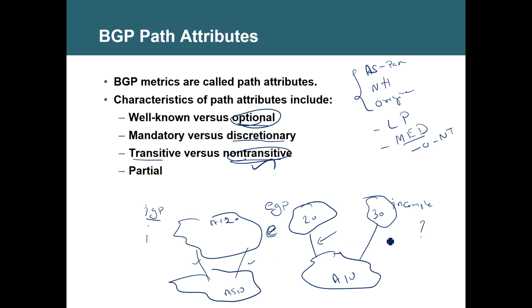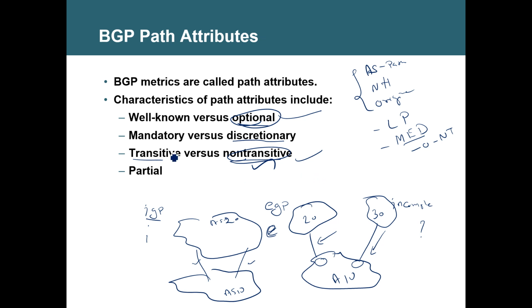Even though it is not going to be useful, MED must be there in every update. If not, the router which is receiving the update will discard it. Such attributes are optional non-transitive.